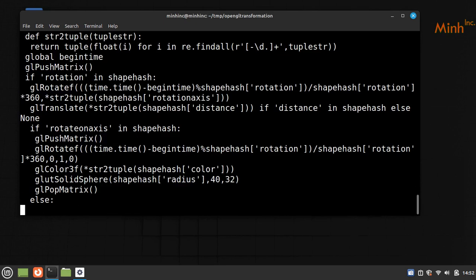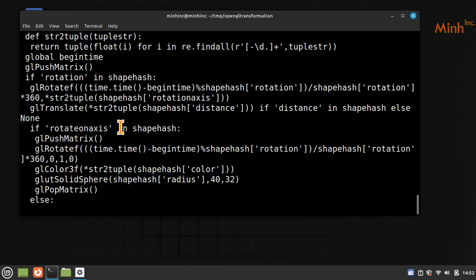So it should come under if rotation in shape hash, then we rotate, translate, if it rotates on own axis, push matrix, rotate again, color, draw, pop matrix.